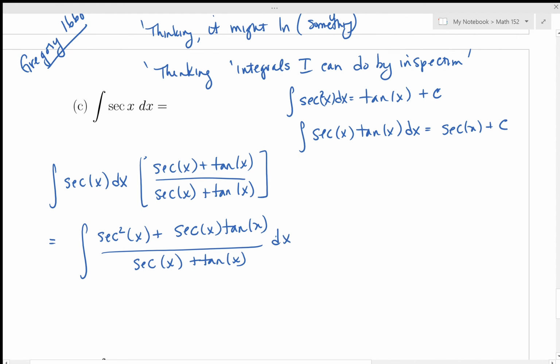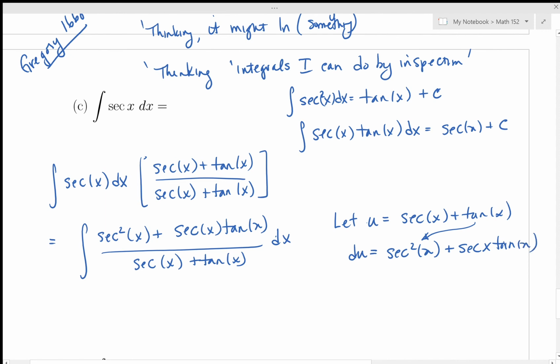Okay, it doesn't actually look like things have gotten better, but they have, because if I then think to do this, let u equal, now that idea that it might be a logarithm is in my head, secant x plus tangent x, then gloriously look what happens. du is secant squared x plus, that is the derivative of the tangent, and then the derivative of secant is secant x tangent x.